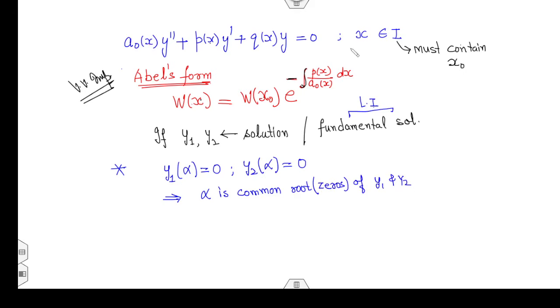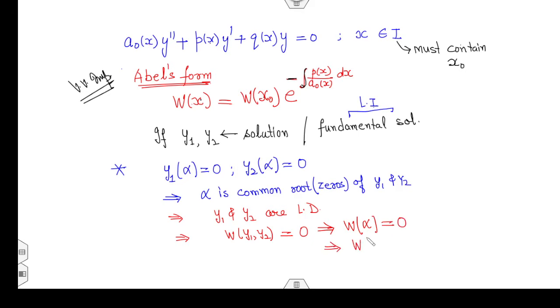Fine. So once you see there is a common zero, it implies y1 and y2 are LD. And once they are LD, the value of y1 and y2 at the point alpha is 0.